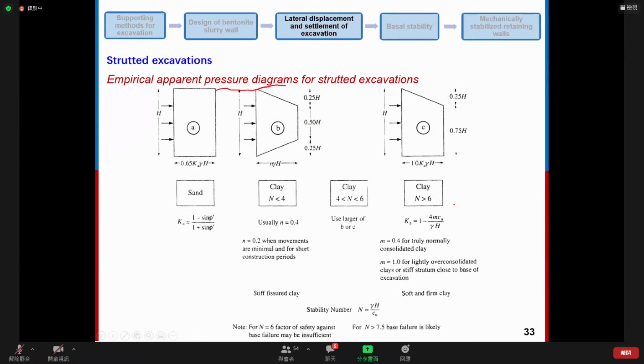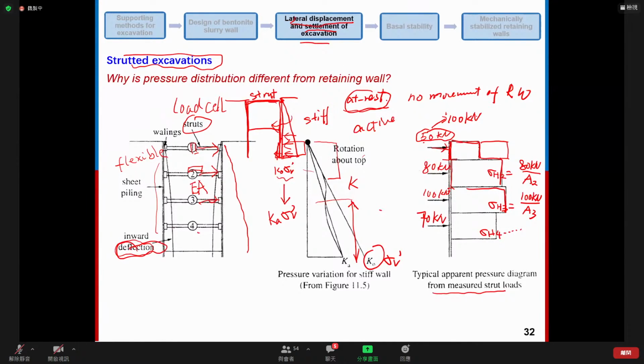So here for the design, actually, we choose an envelope. Inside this envelope, we consider all different kinds of combinations of the loading, and then we need to make sure we have such an envelope that covers all the situations.